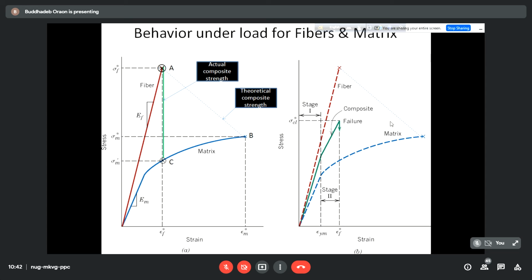Another point to be noted is that initially when the load is less, the fiber takes the load, and slowly when the stress level is increasing, the fiber takes care, and then the stress level reaches such an extent that the fiber also starts failing.